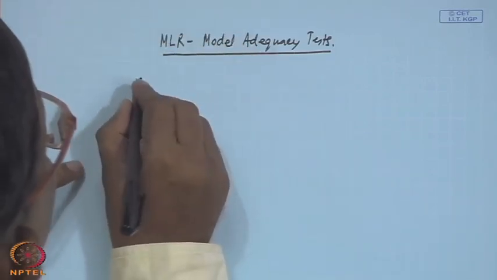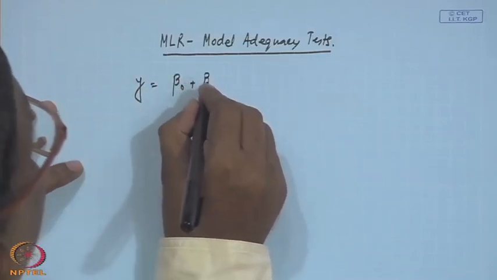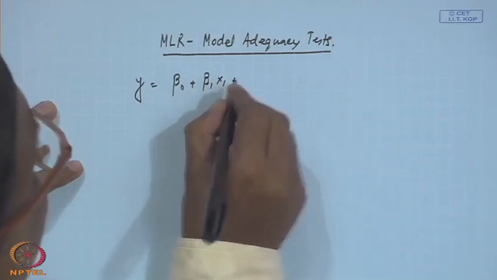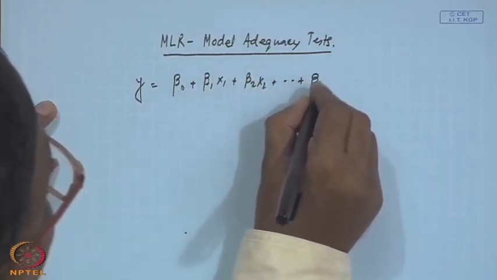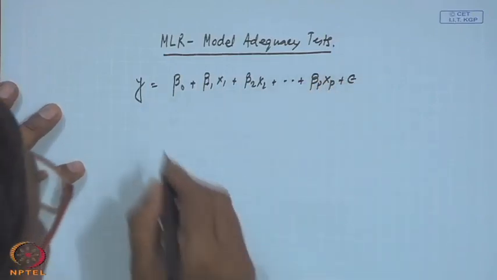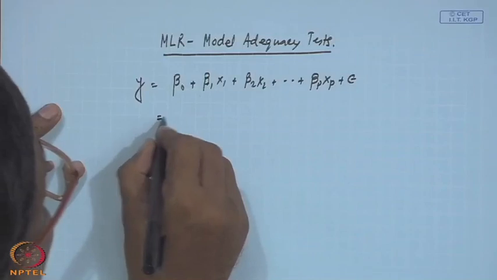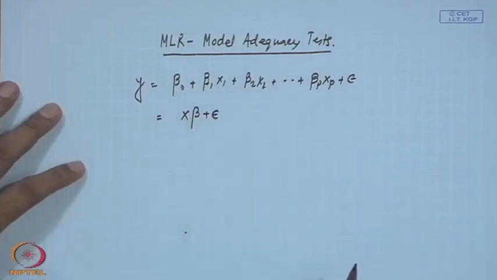We have seen that the general equation is beta 0 plus beta 1 x1 plus beta 2 x2 up to beta p xp plus epsilon, which we can write in terms of X beta plus epsilon.